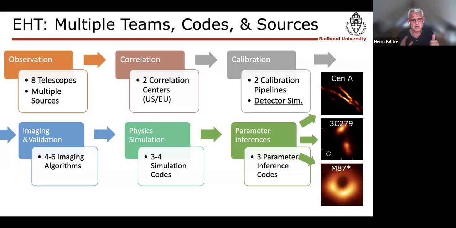And there are multiple steps you have to do. You have to do the observation, you have to do the correlation, which brings together the data, you have to calibrate the data, you have to do the imaging, then you have to do some physics simulation to compare to, and then infer some parameters from comparing the data with the physics simulation. And everything we did, we had at least 2 groups, sometimes 3, sometimes 5 different groups doing the same thing. And then we would compare.